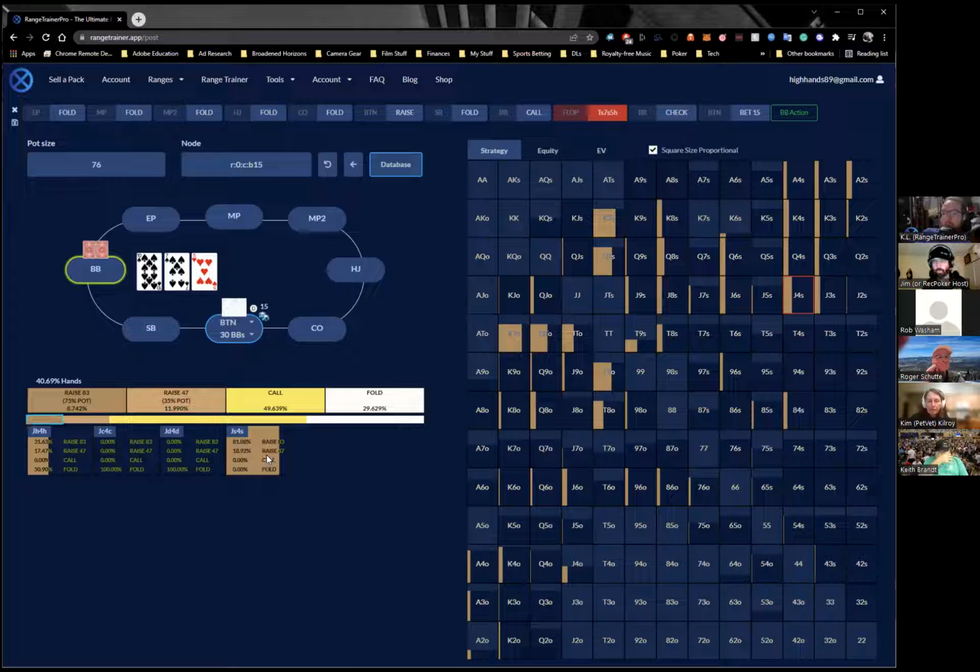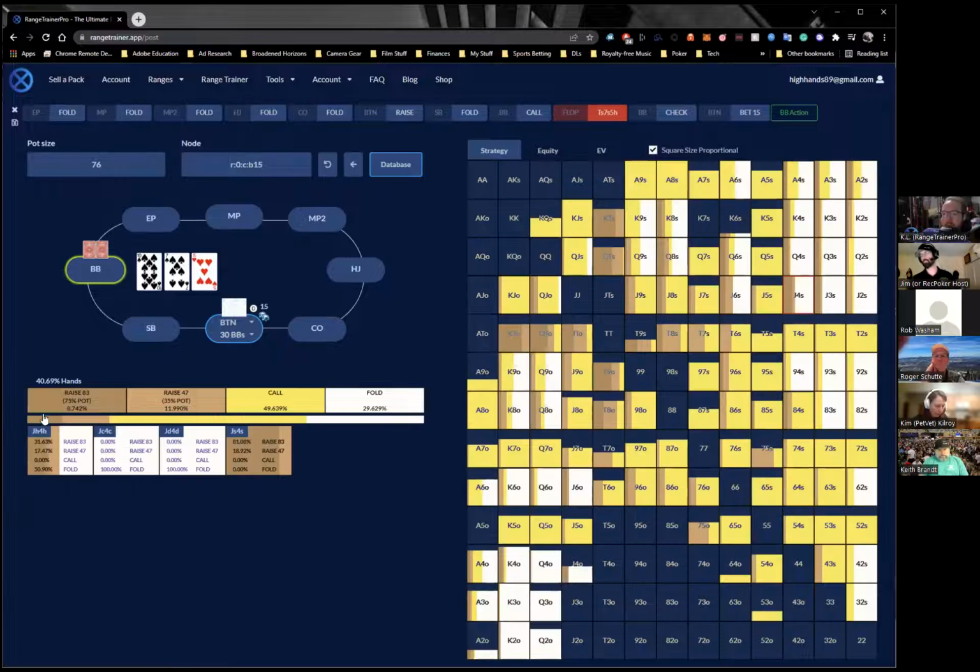So Jack Four, for example, it's raising its flush draws to 75% pot essentially all the time. You know, it's raising large 80% of the time and then raising small the remainder of the time, but always check raising its flush draws.